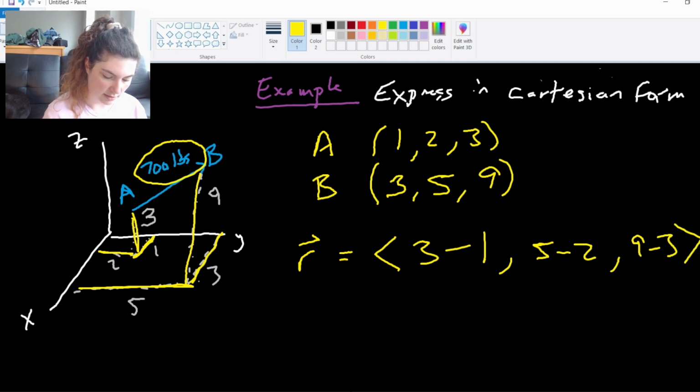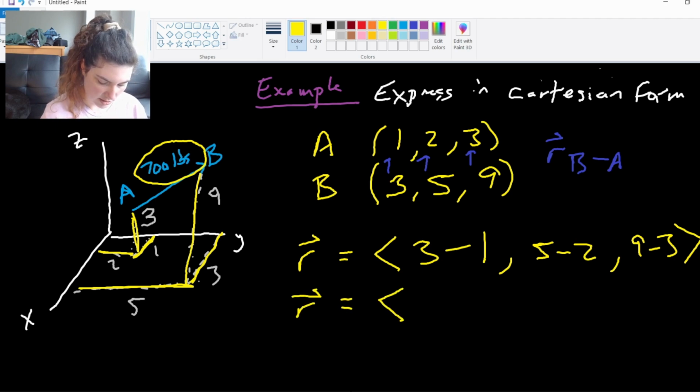And that's just taking these and subtracting them directly across, B minus A. R is just the position vectors B minus A. That's how we get our position vector. So our position vector here is 2, 3, 6.